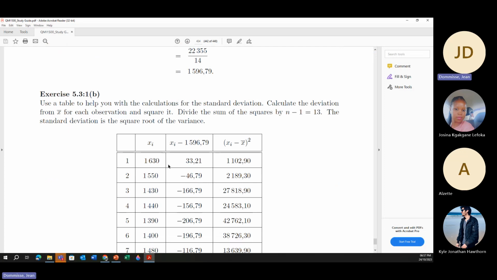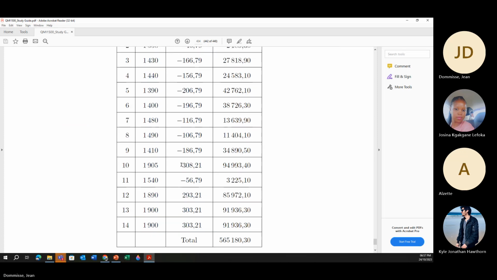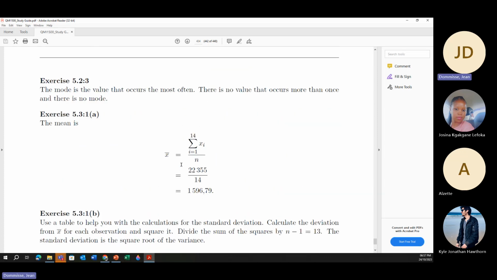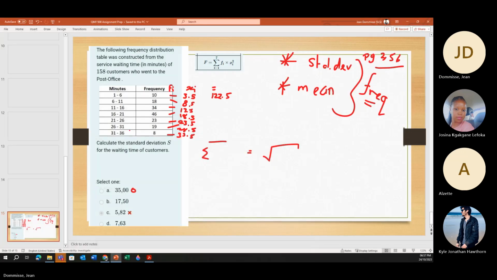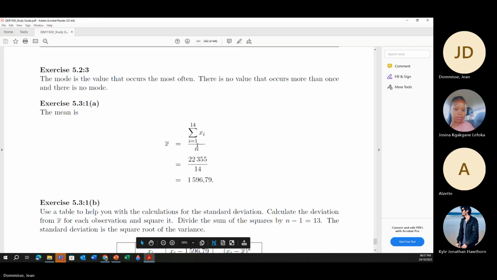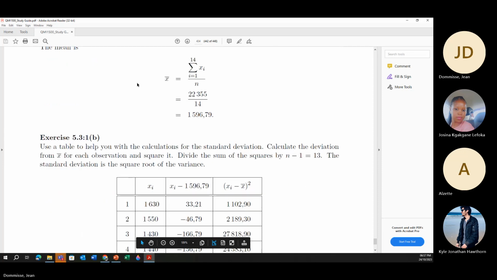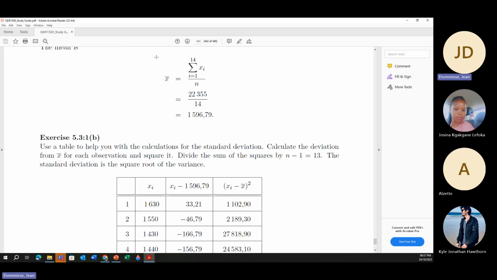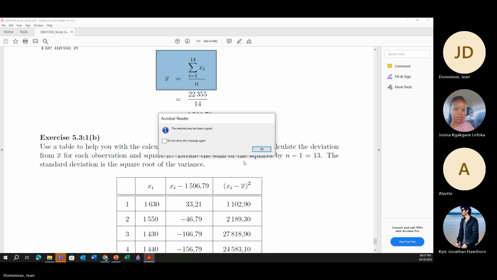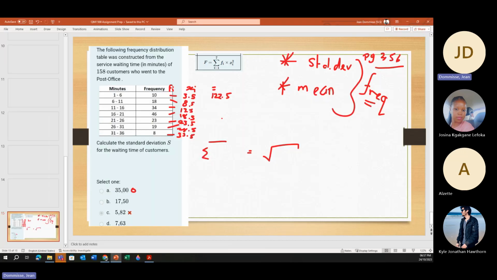Oh, and then, phew, oh my word. Okay, so it's not just, I am just adding this. So that's how we work out the mean.